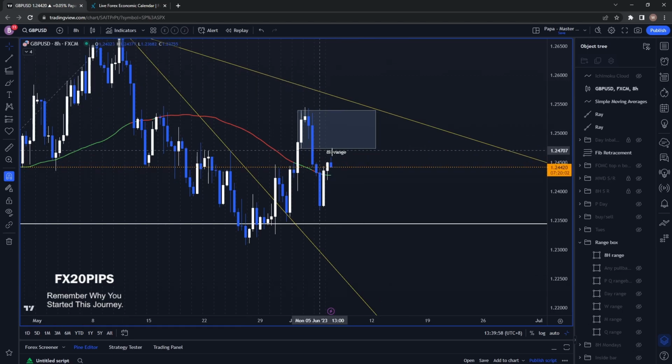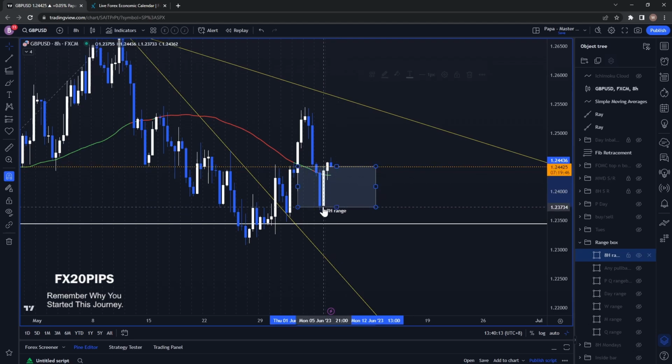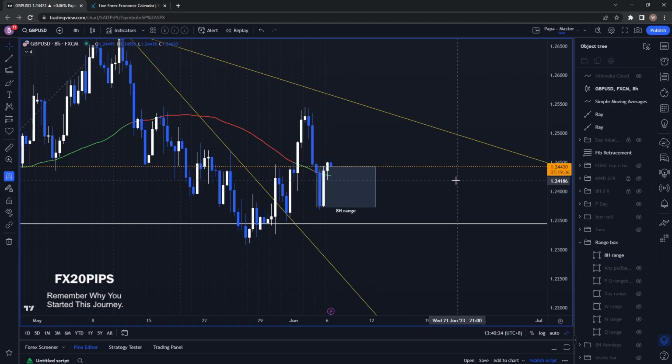If I bring this one here, we have 1 candle, 2 candles out. It doesn't make sense, so let me go with this bullish candle here. It's not much of a difference really, but let me just stick to this one. So that's the 8 hours range.